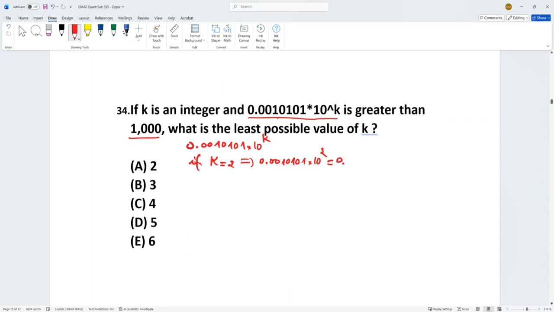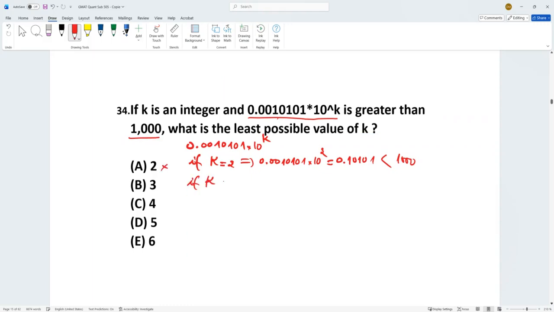So now we have 0.10101. This is less than 1000, so this is not the correct one.